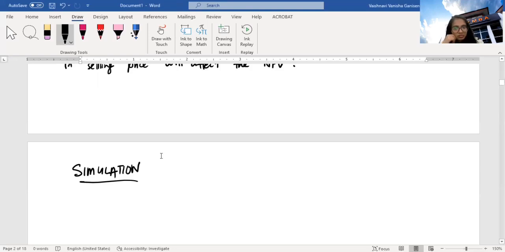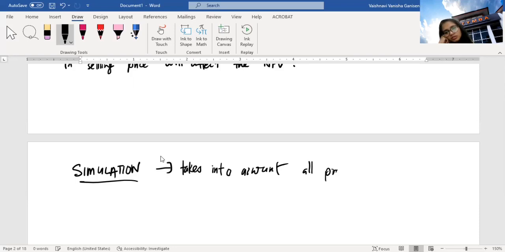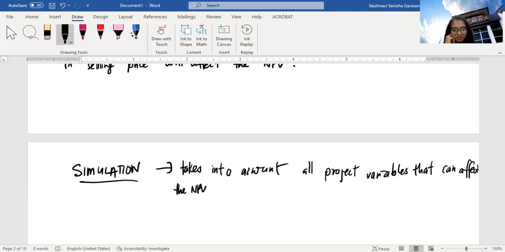Let me write first. Simulation takes into account all project variables that can affect the NPV.